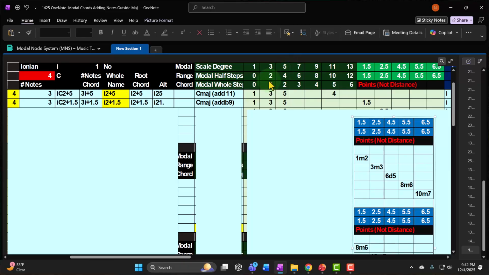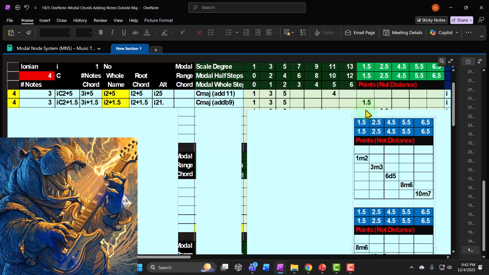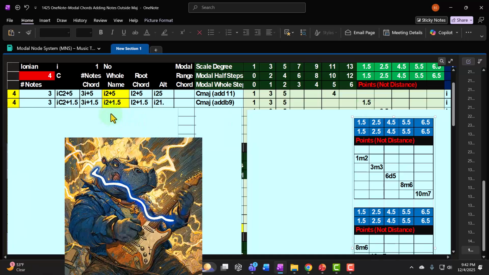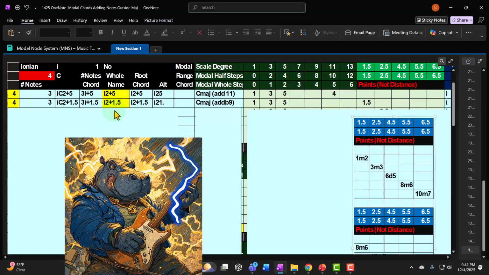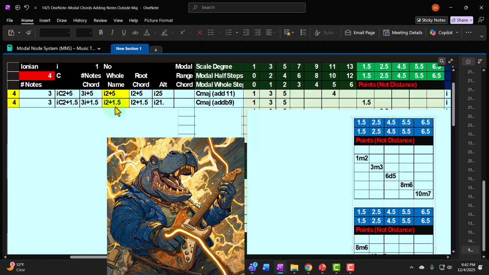And then I'm going to say plus 1.5, which is not a distance term but a point term, meaning it's the Ionian Ocean or Ionian sharp. Now, I can actually trim that down by removing the plus, and I don't really need the 0.5. I could just say point. You could say sharp, but I kind of like the point.